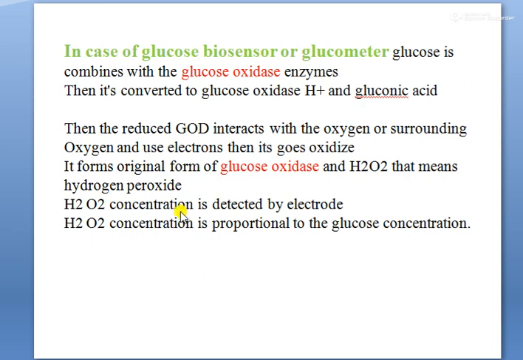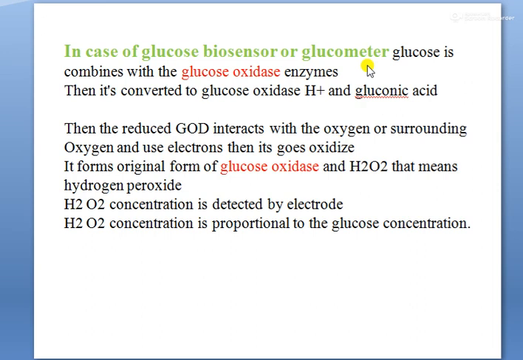Let's see the glucose biosensor or glucometer, its mechanism of action, or how glucometers work. In the glucose biosensor or glucometer, glucose combines with the glucose oxidase enzyme.